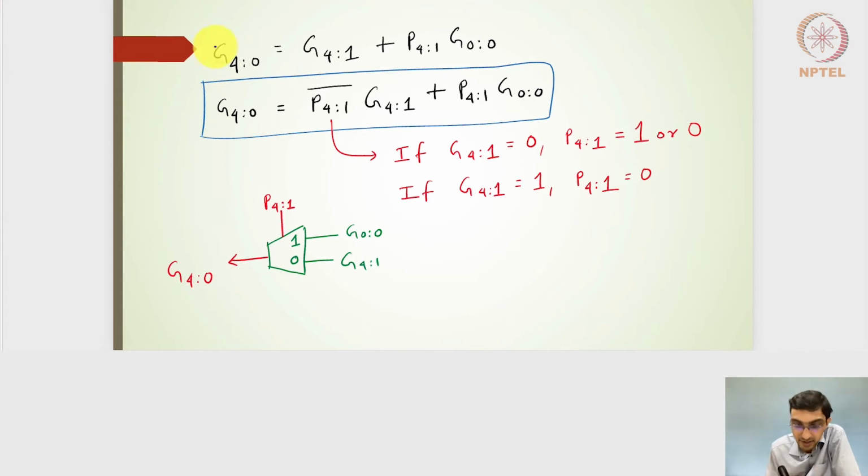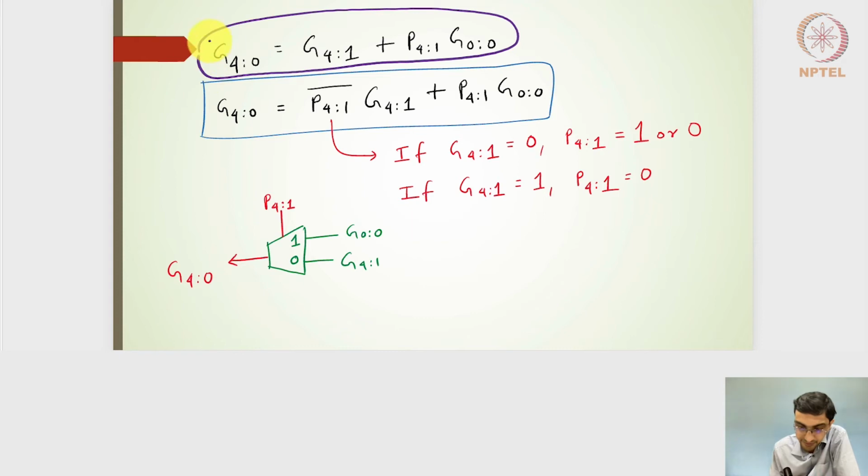Moving ahead. So what I'm doing is, if G4 is to 1 is actually 1, we know that P4 is to 1 will definitely be 0. So if that is 0, I can virtually represent this particular expression as P4 is to 1 and then the complement of that with G4 is to 1, or rather it is not plus, it is an OR expression of P4 is to 1 and G0 is to 0.